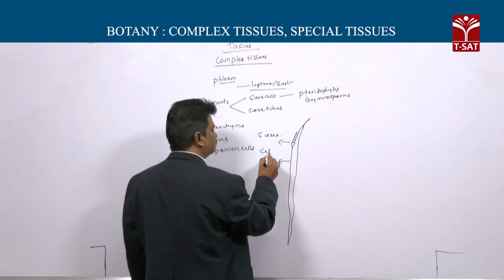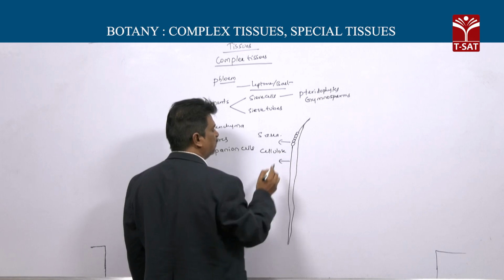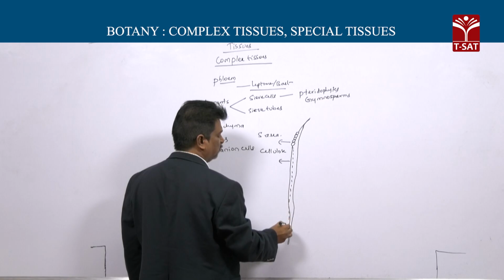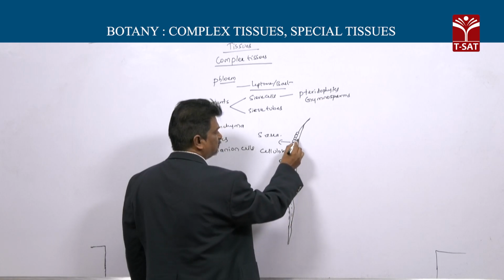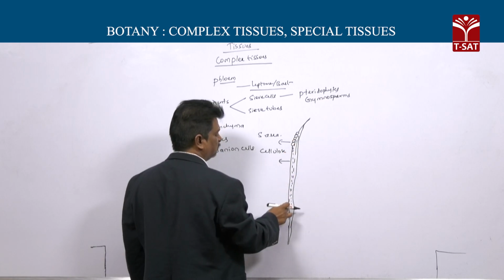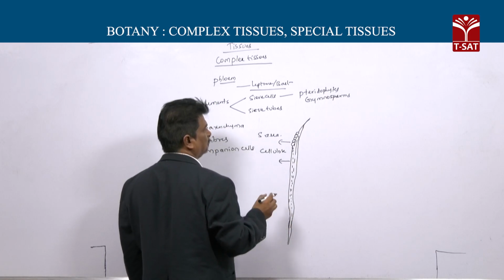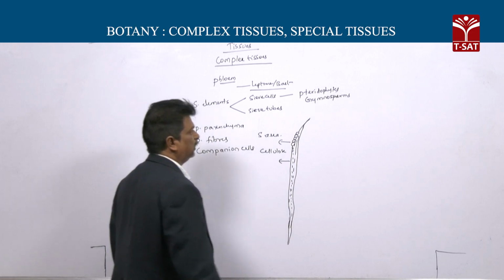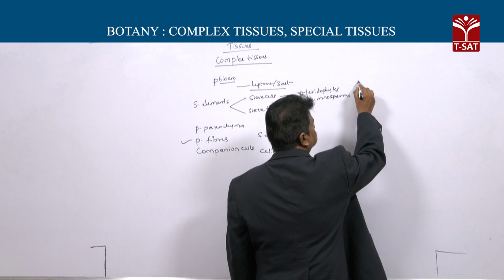Sieve cells are living cells made up of cellulose, and they contain vacuolated cytoplasm. A mature sieve cell is without a nucleus, and these are the main conducting cells in pteridophytes and gymnosperms.